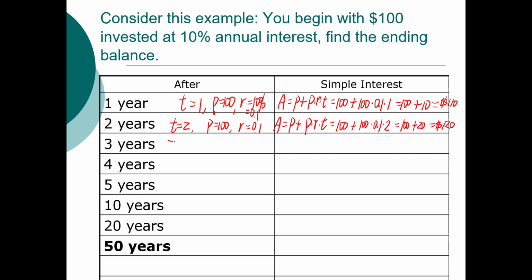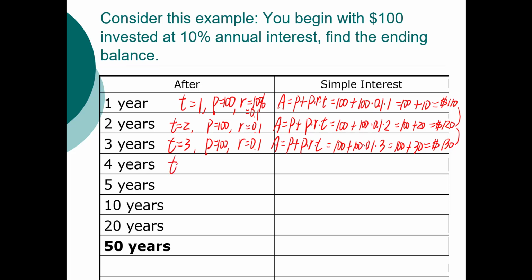When time T equals 3 years, principal is still $100 and the rate is 10%. So it's 100 plus 100 times 0.1 times 3, that's $100 plus $30. After 3 years, you get $130 as the ending balance. As you can see, as each year goes by, the interest goes up by $10.